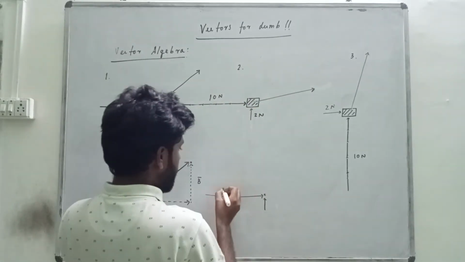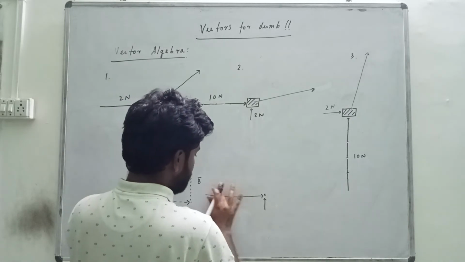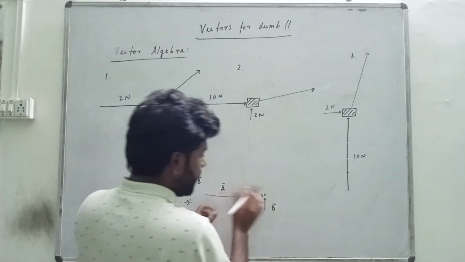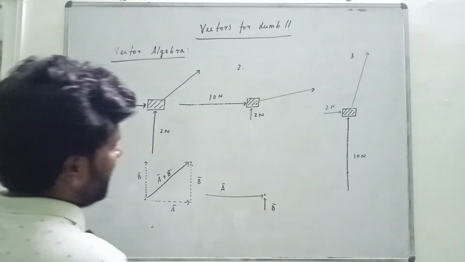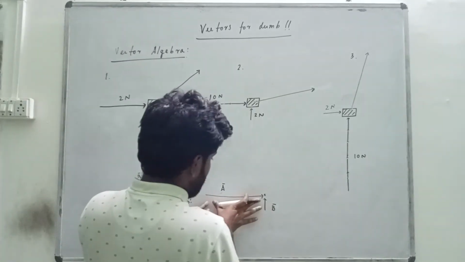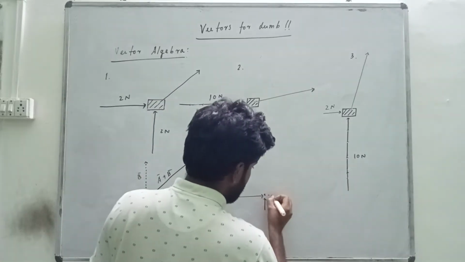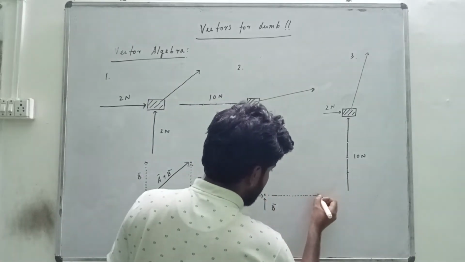Name them A and B. Now transfer this A parallel to itself in that direction. So these are the new A, right?